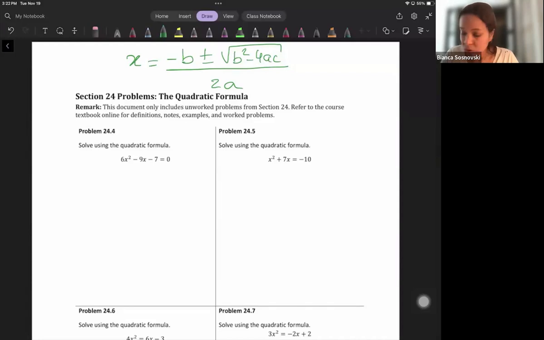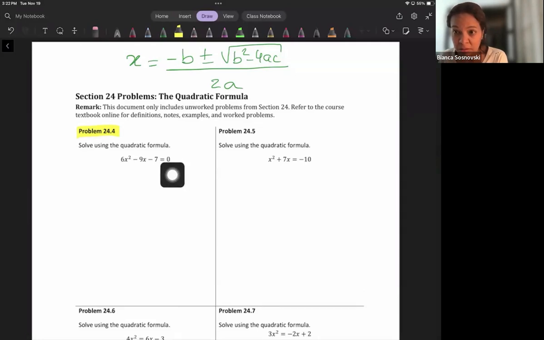So obviously one important thing for using the formula is to identify correctly the coefficients A, B, C. So if you look at example 24.4, in order to solve the quadratic equation that is 6x squared minus 9x minus 7 equals 0, please note that this is a quadratic equation. And we do have the standard form, which means one of the sides has to be 0, right?